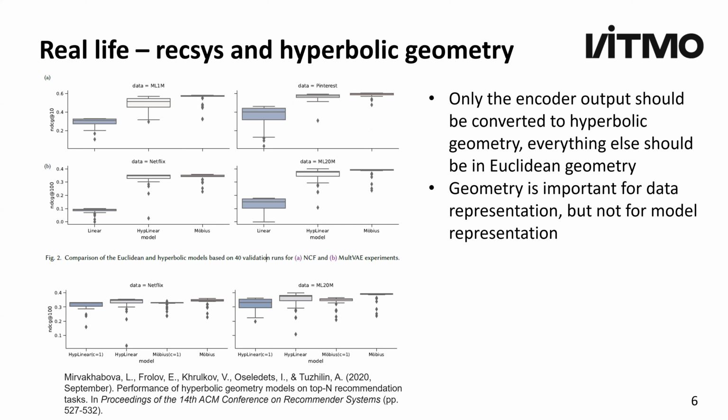The next thing that blows up the whole recommender systems area is that we are able to achieve the same results, but we are not using hyperbolic networks. We just use another distance between users and items.